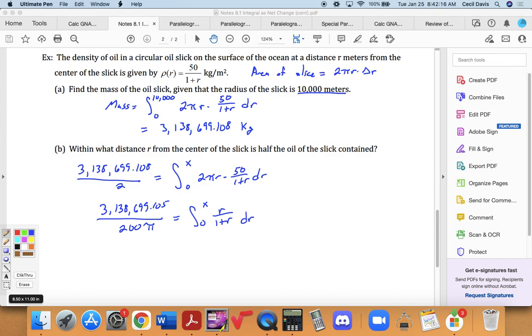How do you find the antiderivative of that? Nope, u substitution is not going to be helpful on that, because if I let u be equal to 1 plus r, du is going to be just dr.